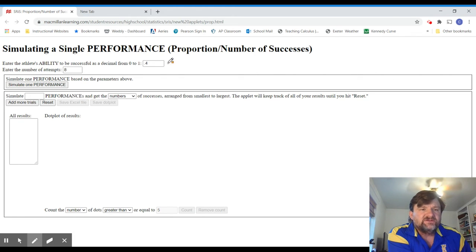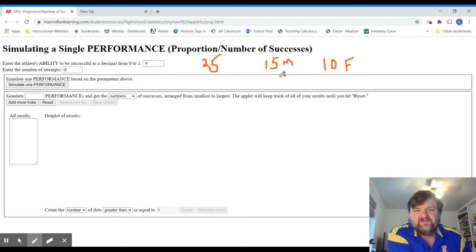So here we go. The ability to be successful. The whole idea was this: excuse the writing because I'm doing it with my mouse and it's not very good. We had 25 pilots. 15 of them were males, and 10 of them were females.